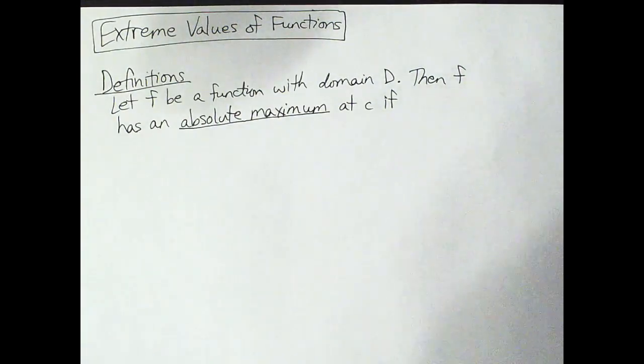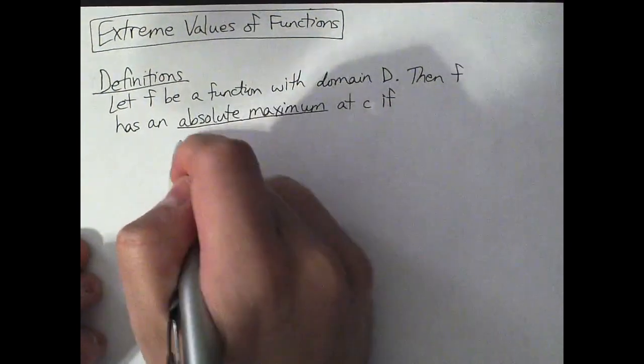We're trying to talk about the largest value of f. Well, it's the maximum value of f, so it makes sense. We're trying to talk about the largest value of f. So how can we write a definition for this?